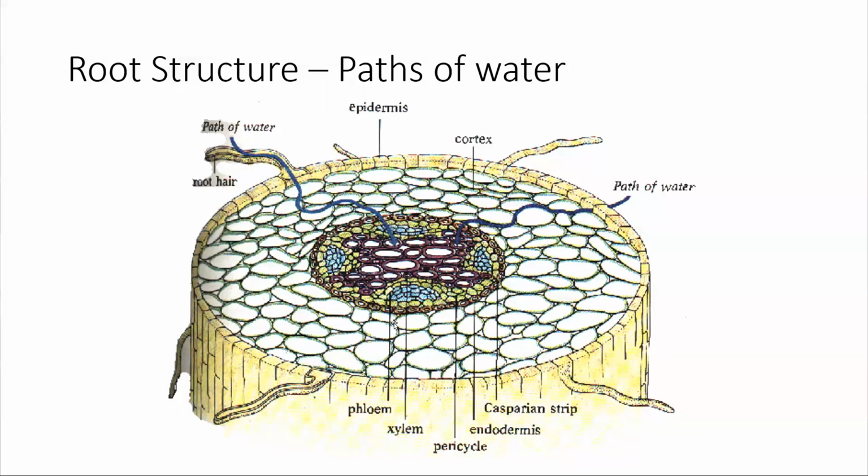It hits the endodermis and the Casparian strip. It's organized and allowed to go into the xylem. Once it's into the xylem, there is that pull from the transpiration happening out of the leaves. Okay, so it is pulling that water up and through, up and through, up and through.